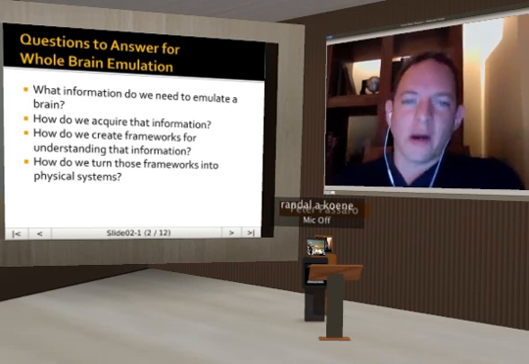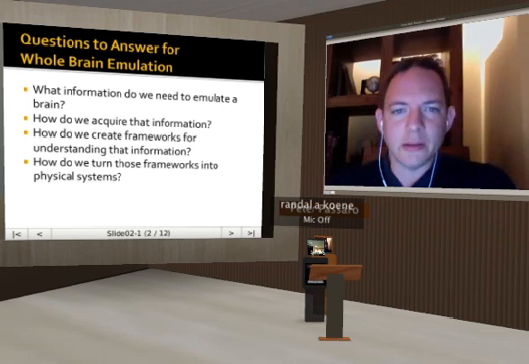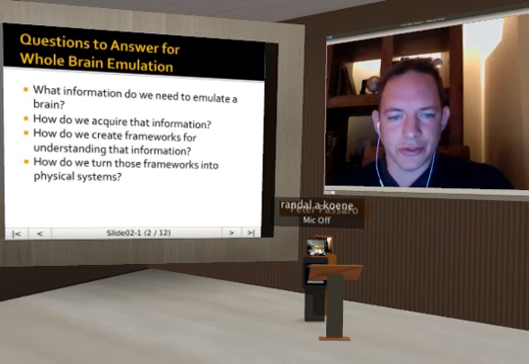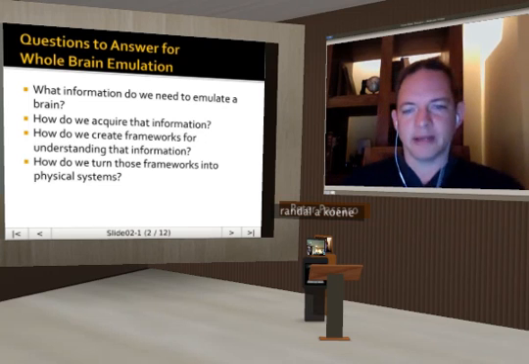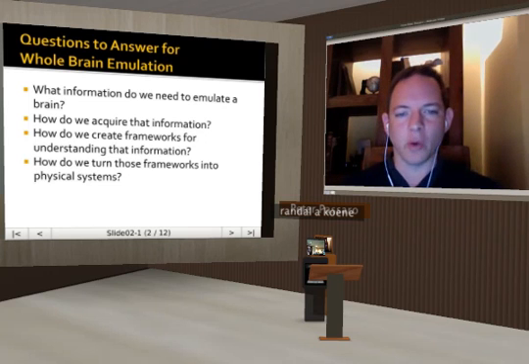All right, so how do we acquire that information? What type of sensors do we need to get the information we'd like to have? So again, questions of scale and resolution. If we can acquire that information, what type of frameworks do we need to understand that information? So in terms of software, in terms of intellectual models, that's basically how do we frame all this information that we've acquired?